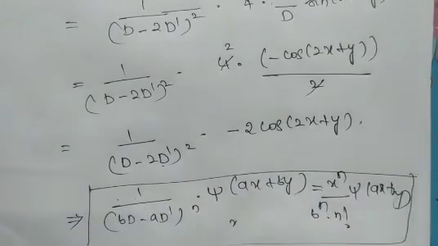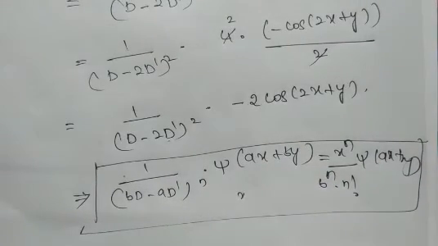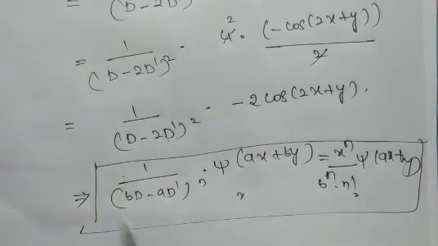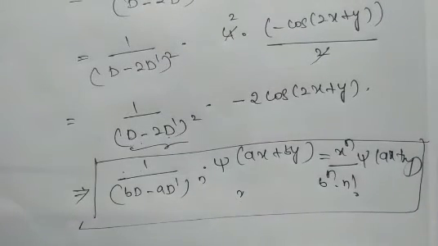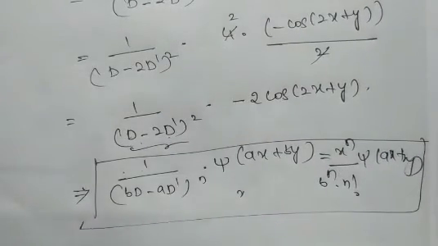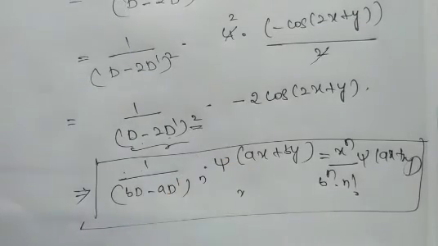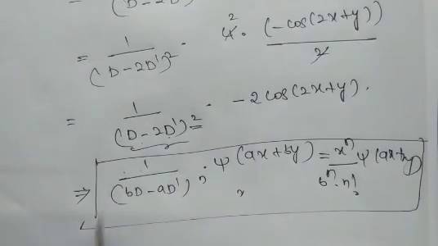So by using this formula here, because this value f of D comma D dash is 0, so here x power n, n value is 2, so 2 by b power n.